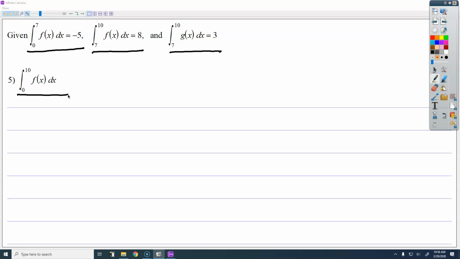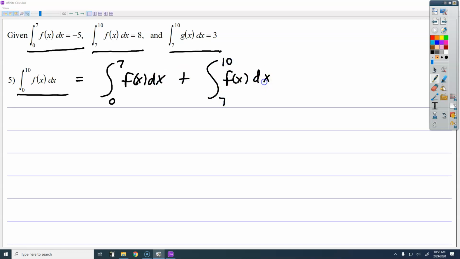Well, the integral of f from 0 to 10 is the same thing as the integral of f from 0 to 7 plus the integral of f from 7 to 10. Going from 0 to 10 is the same thing as going from 0 to 7 followed by 7 to 10. It's just you're putting 2 integrals together.